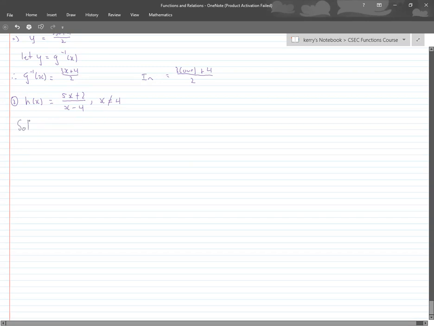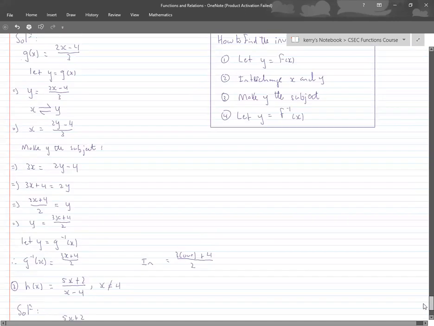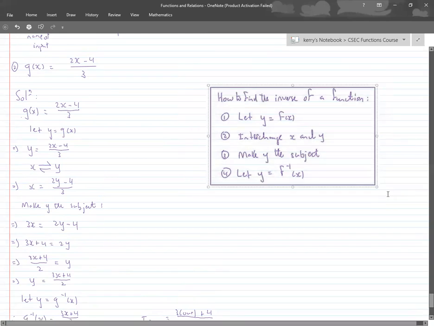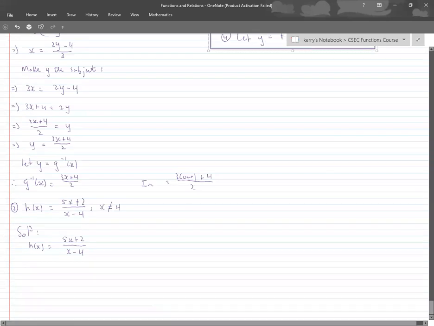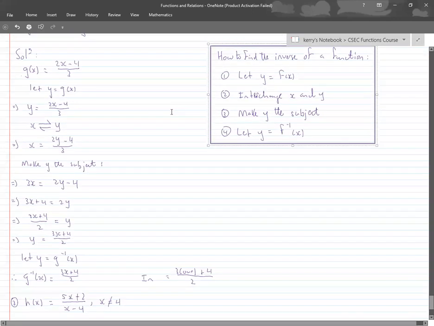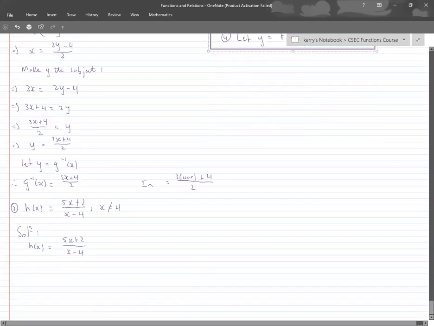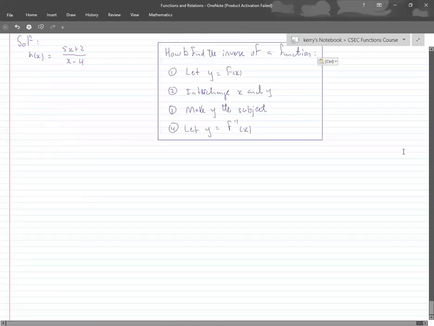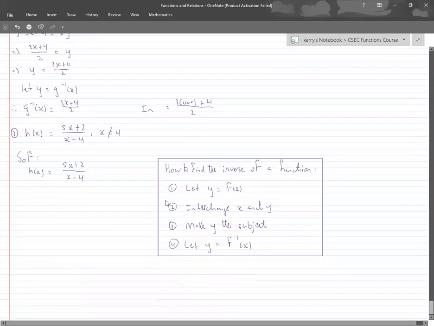So as we did before, we rewrite the equation first. h of x is equal to 5x plus 2 over x minus 4. Now our next step, let's get our steps here. It's just the second equation, so we could copy the steps and bring them down.